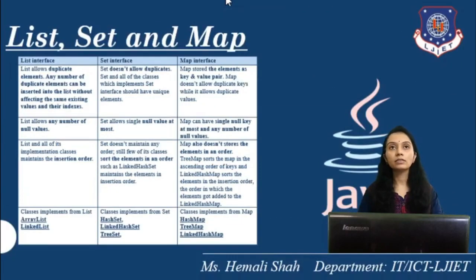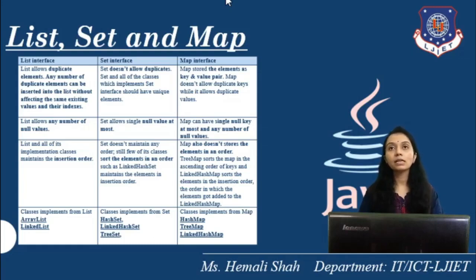Now what is the difference between list, set and map? List basically allows duplicate elements in a collection. Here the insertion order is maintained inside the list, while in set you cannot allow duplicate data as collection data, right?